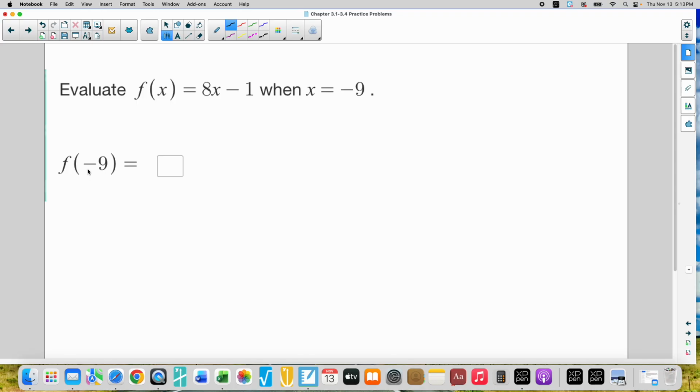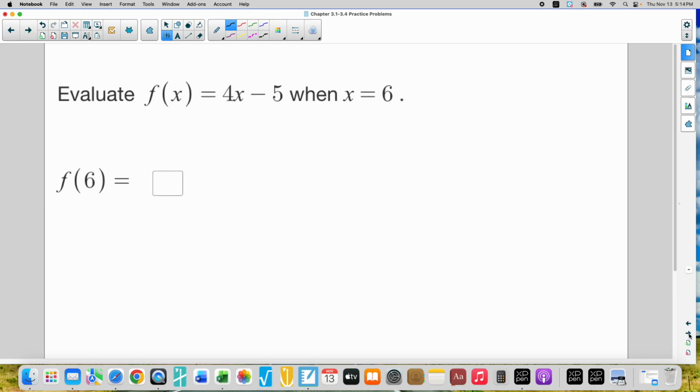I'm inputting negative 9, so that goes into both places. Minus 1, that's negative 72 minus 1, which is negative 73. I'm inputting 6 for x, so f of 6 equals 4 times 6 minus 5, which is 24 minus 5, which is 19.